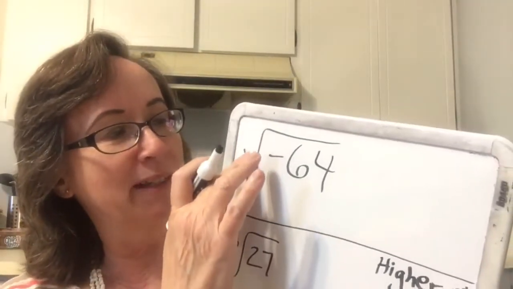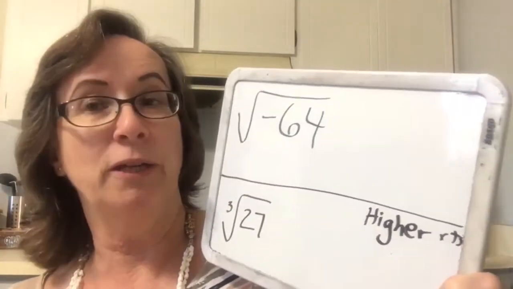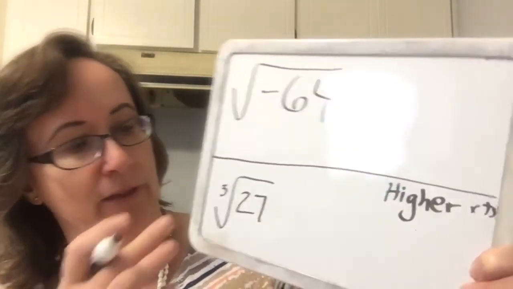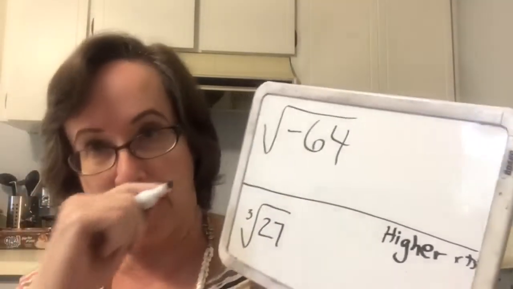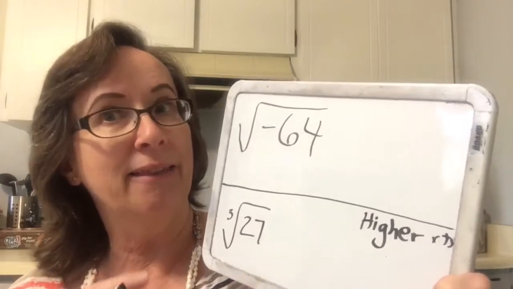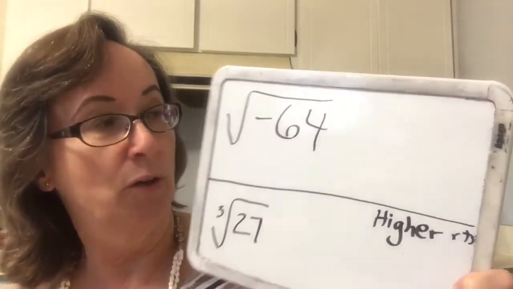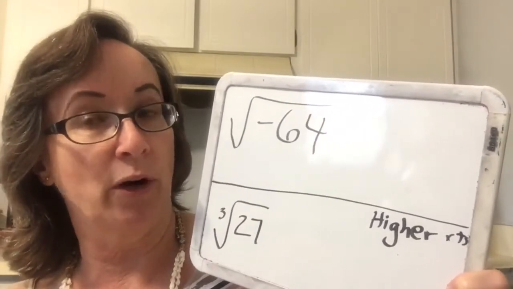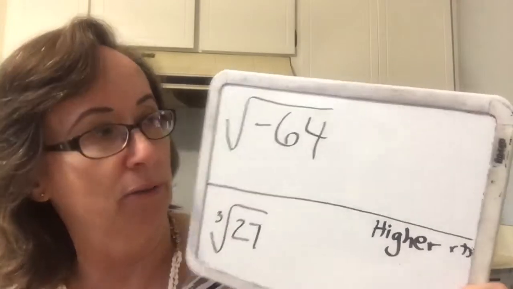But we never write the 2 because square roots we use so much that if we don't see any other kind of root, like this one has a cubic root, we know it's a square root. And there is no number that when multiplied by itself will give you negative 64. No real number on the real number line will do that for you.